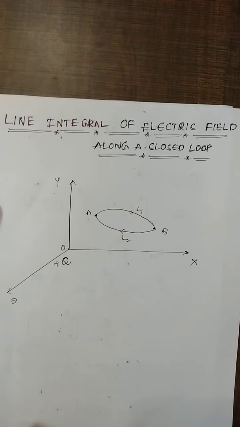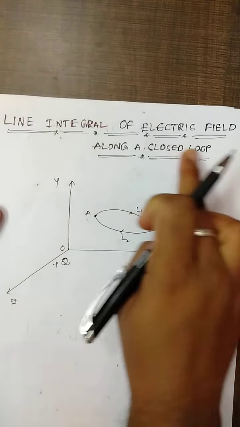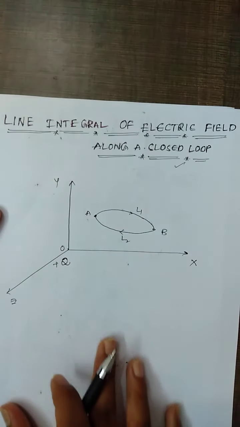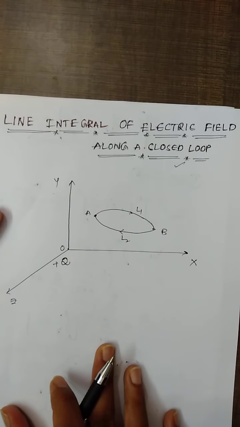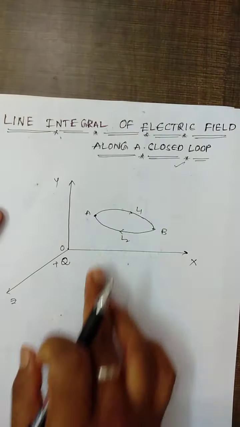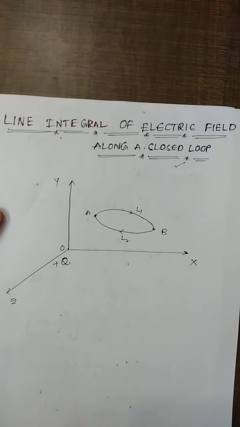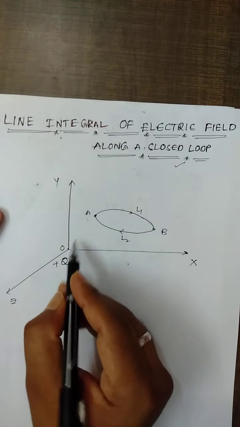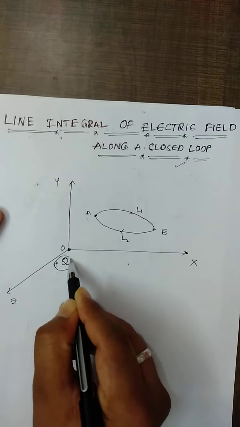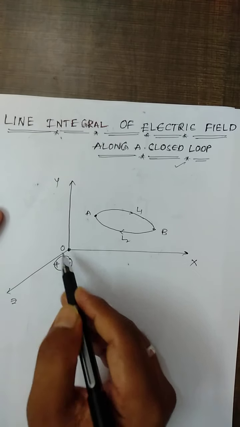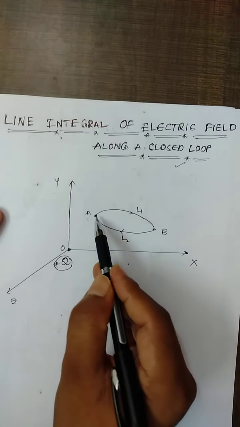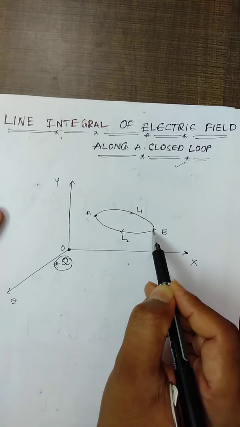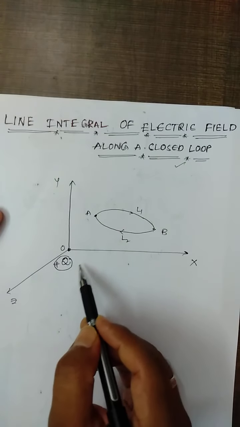Okay, so the next topic is the line integral of electric field along a closed loop. This is a small topic, but the application is important for IIT and NEET. Here I have taken the same three-dimensional picture, with a positive source charge, and the entire region has a certain field. Suppose I move a point charge from point A to point B in the electric field of this source charge.